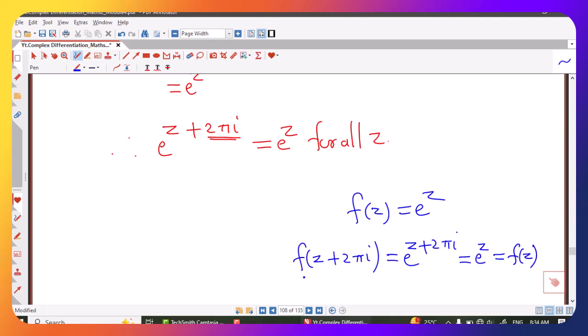So we have shown that f of z plus 2 pi I equal to f of z for all z. F of z plus 2 pi I is e raised to z plus 2 pi I, and f of z is e raised to z.